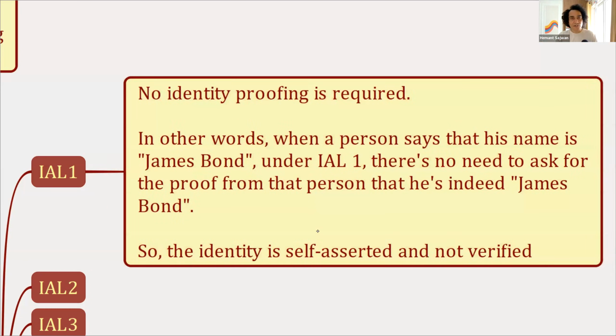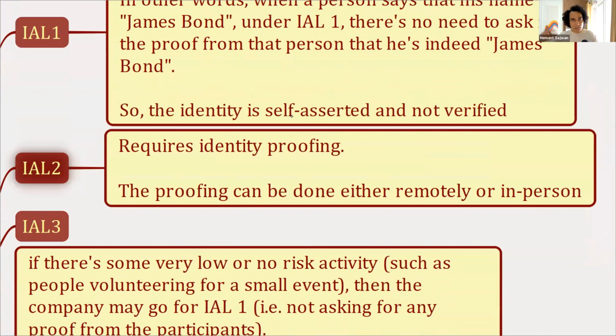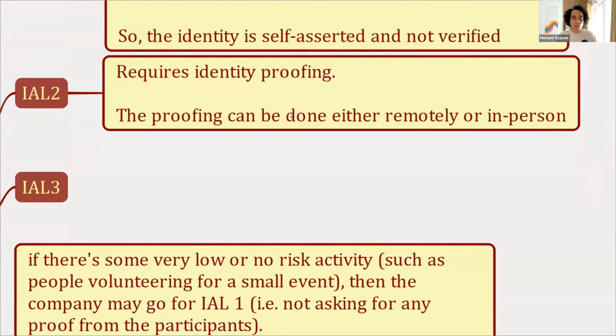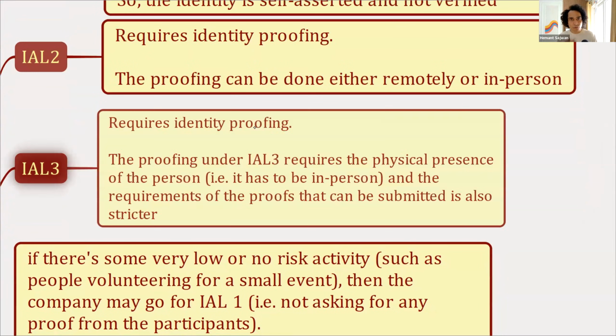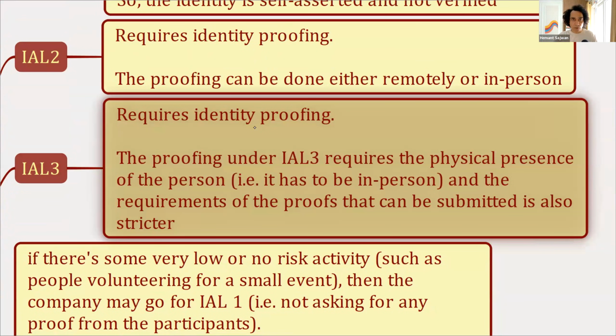Then we have IAL2, which is Identity Assurance Level 2. In this case, the user has to submit some proof of their identity, and that proof can be submitted either online or in person. But some proof has to be submitted either online or in person. That is IAL2. Then we have IAL3, in which case, again, some proof of your identity has to be submitted, and that proof has to be submitted in person.